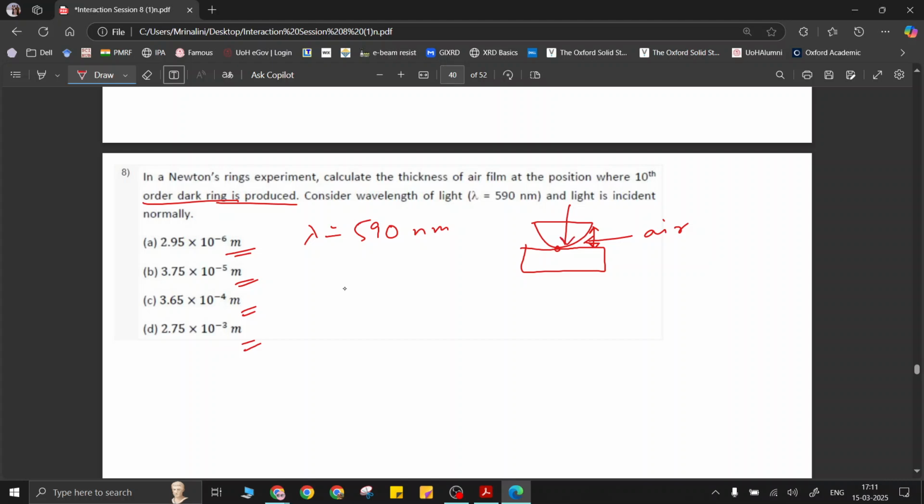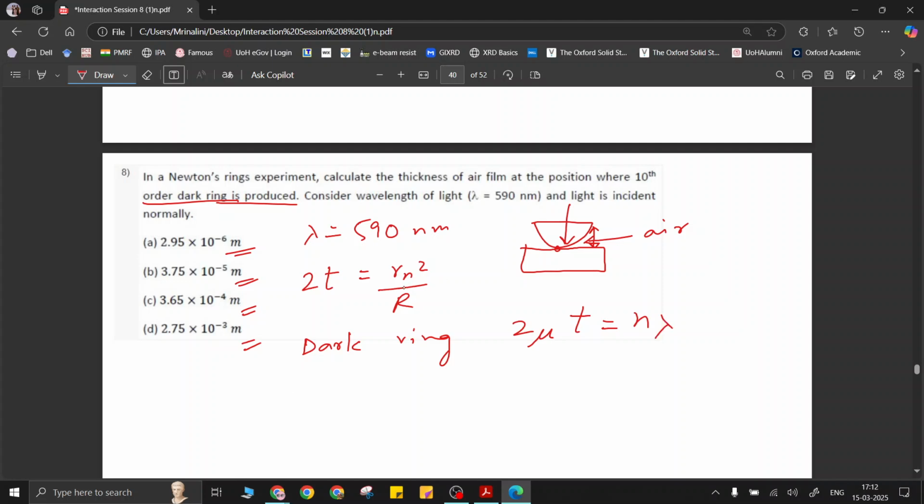Okay, so here again using our formula, 2t will be Rn square divided by capital R. Now for dark ring, we know the path difference condition. It should be like this.